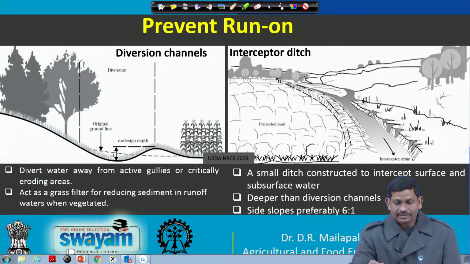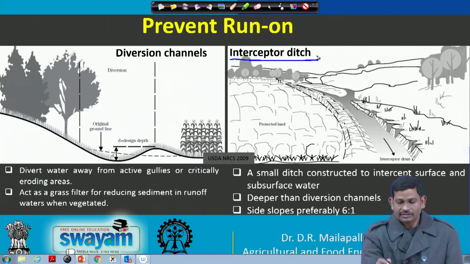And the second is the interceptor ditch. This is a small ditch constructed to intercept surface as well as subsurface waters. Both surface and subsurface waters will be disposed of using the interceptor ditch. This is generally deeper than the diversion channels, because we have to tap the subsurface water.